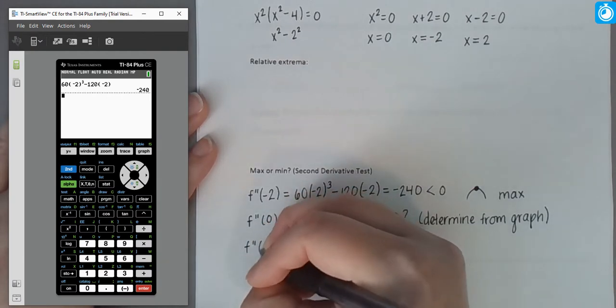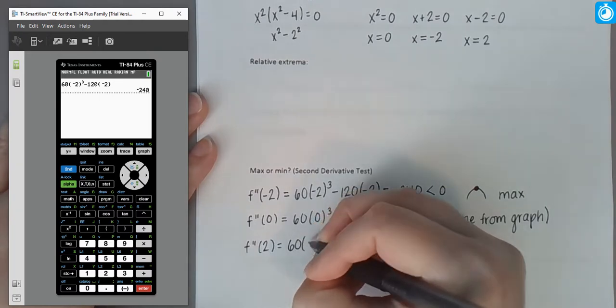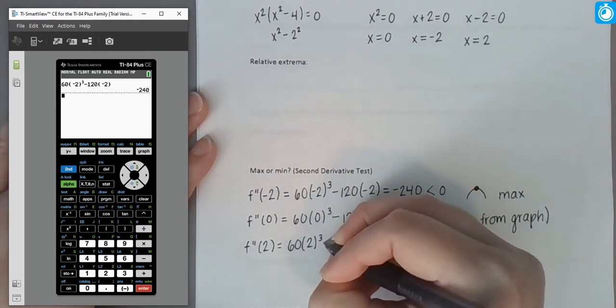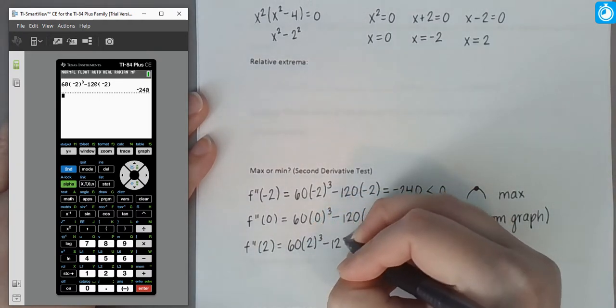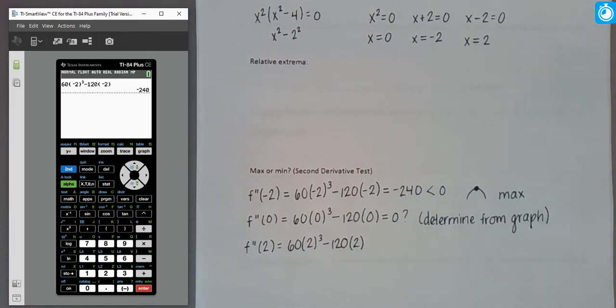Okay, and then let's do f double prime of positive 2. So that's going to be 60 times 2 cubed minus 120 times 2. Okay, and again, let's evaluate that in the calculator. So 60 times 2 cubed minus 120 times 2.